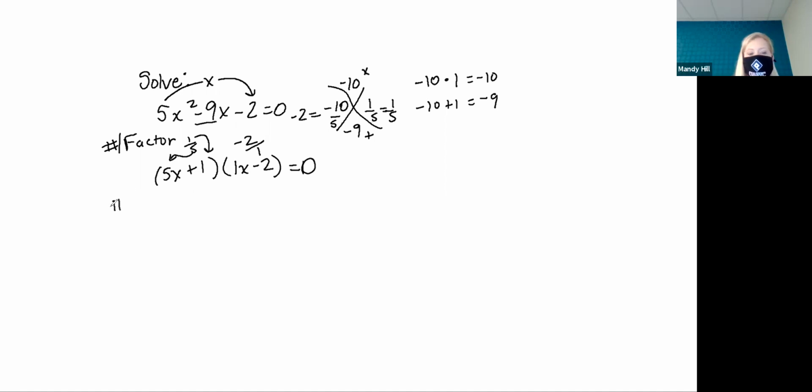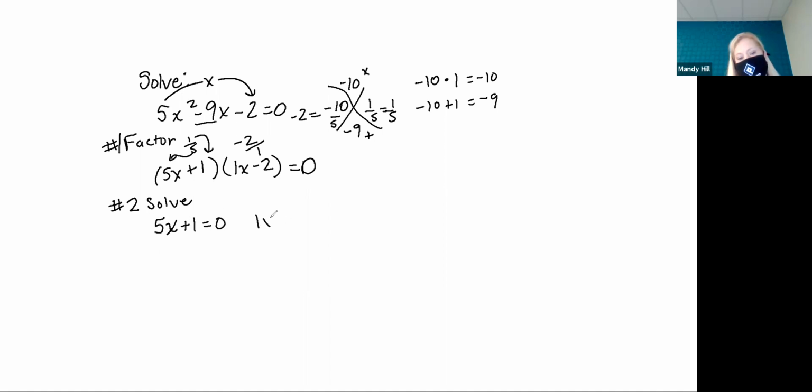You can't really solve it until you've factored it, so now I'm going to solve. This is something new. We've been factoring this whole chapter 4, but now we're solving. In other words, what can we plug in for x that's going to make this statement true? To solve this, which is what the poly root finder on your calculator does for you, you let 5x plus 1 equal 0.